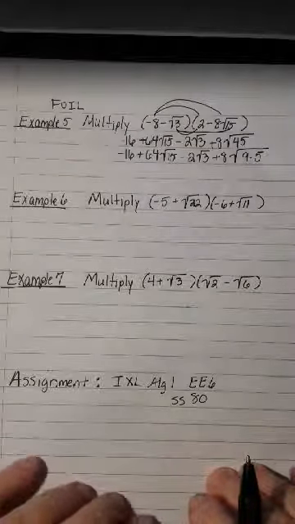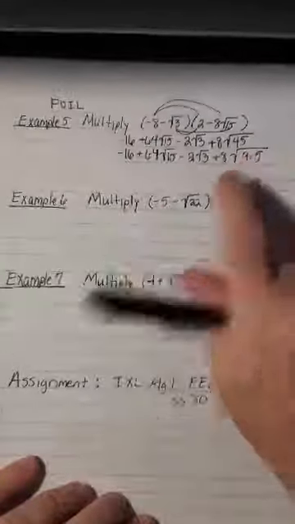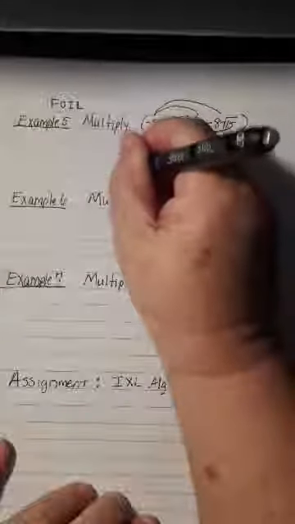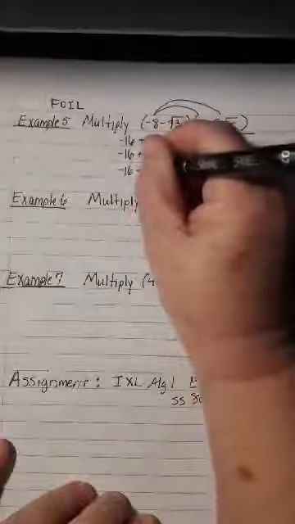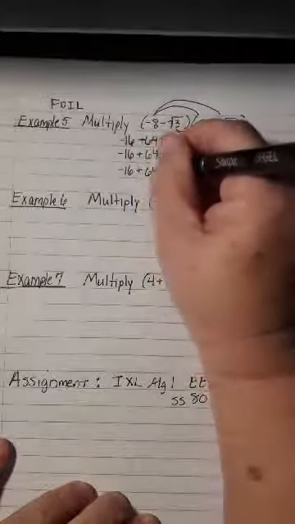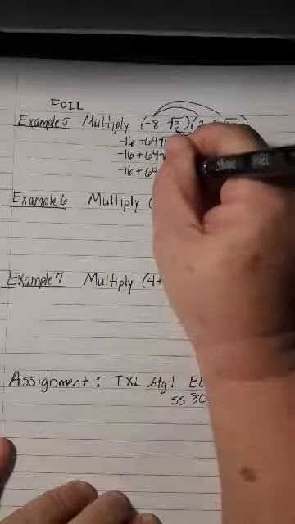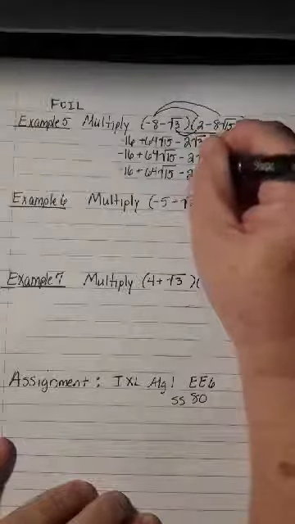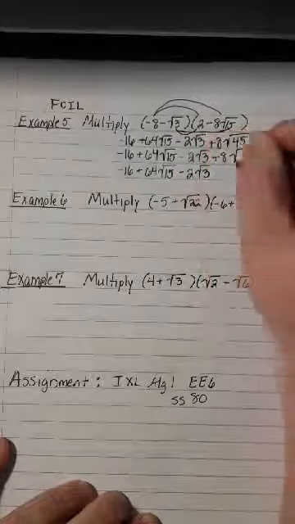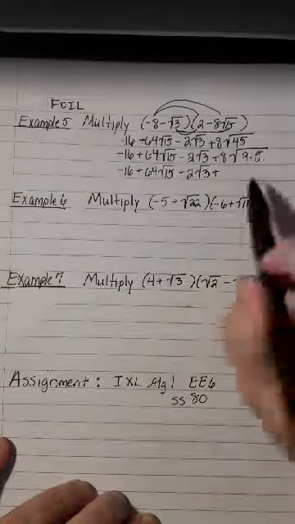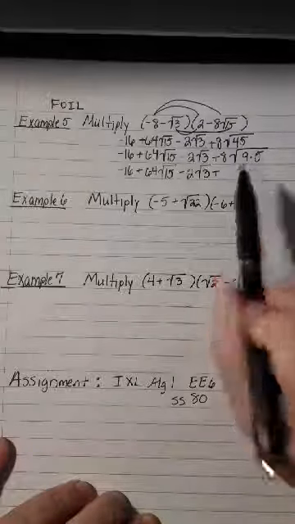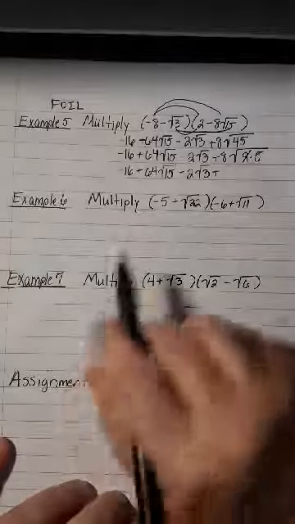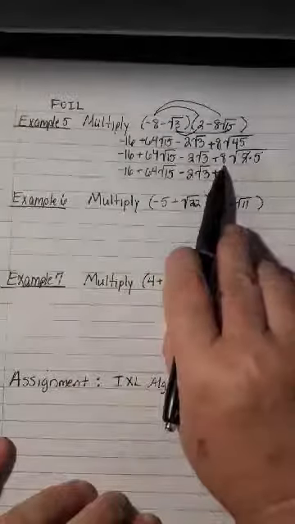So now we need to take the square root of the 9 right here. So again, I'm going to rewrite everything that's in front of that. Negative 16 plus 64 on the square root of 15 minus 2 on the square root of 3 plus, now right here, the square root of 9 comes out as a 3, and you've got to multiply that 3 times the 8 that's in front of the radical.